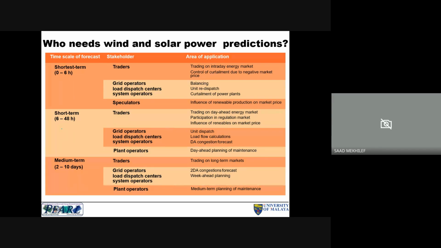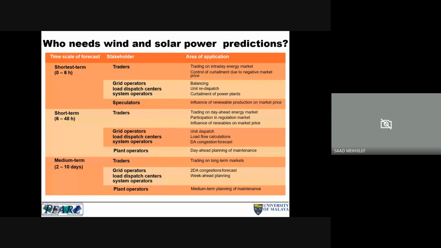These forecasting methods help a lot in predicting the amount, but sometimes it may go wrong, and many times the predictions go wrong because, as I said before, it depends on meteorological data, and the meteorological data are not certain.